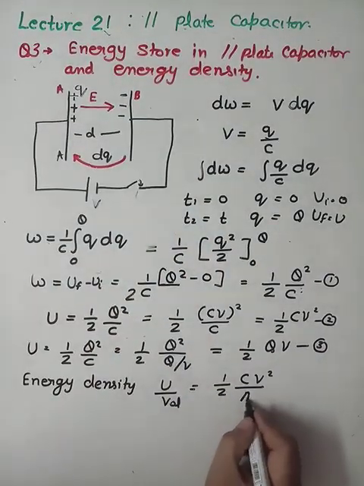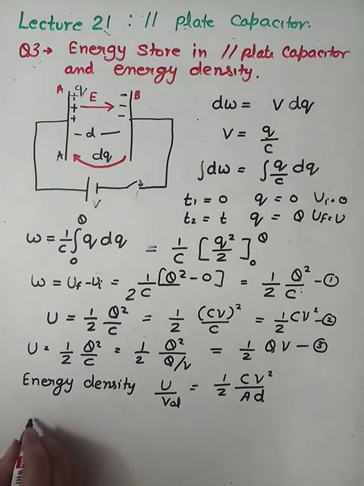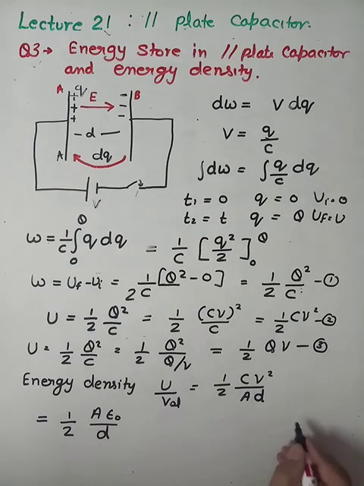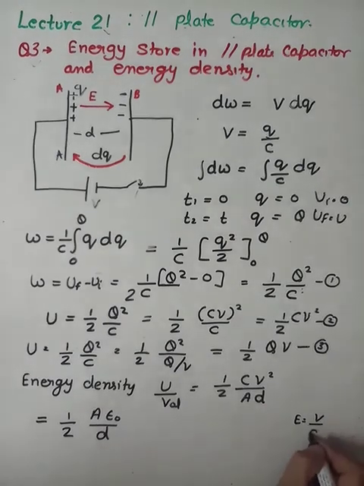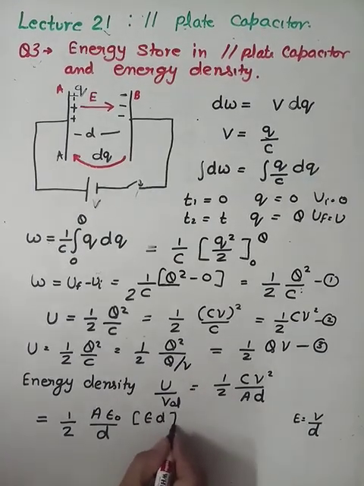Therefore, volume is simply A into D. So the energy density is equal to half, where C can be written as A epsilon naught upon D, and V can be written from E equals V by D, so V is E into D, whole square, upon AD.